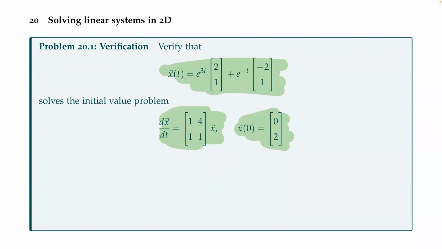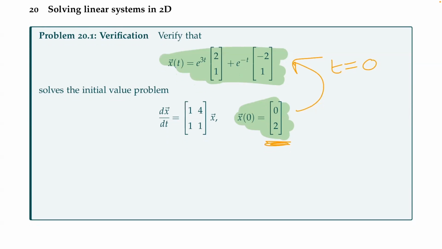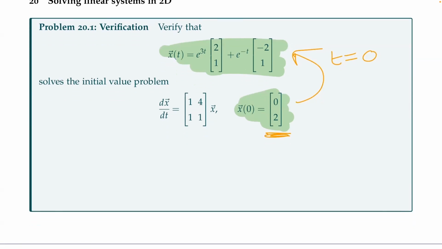So how do we do that? Well, to verify that this initial condition is satisfied by this solution here, we just need to substitute in t equals 0 and check that we get this vector. And then to check that it satisfies the dynamics, we need to think about the left-hand side and the right-hand side of this equation down here. So to find the left-hand side, we just differentiate this solution here.